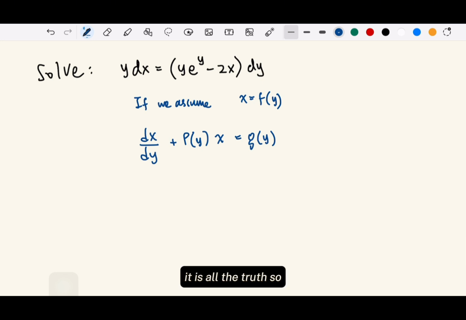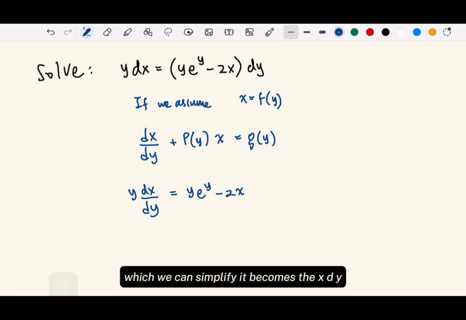Okay, so we make this solution as y dx/dy equal y minus 2x, which we can simplify.